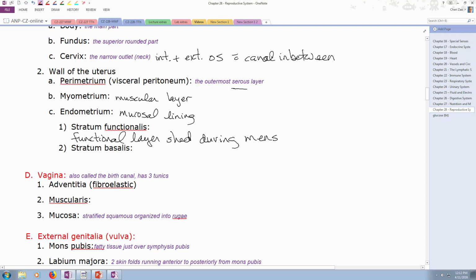And I'm going to say menses because it's so much shorter to write than menstruation. Okay, so that layer is sloughed or shed during menses, and so it needs to be built back up, and it's easy to build that area back up because we then have the stratum basalis, which is the basal layer that will replace the lost stratum functionalis.